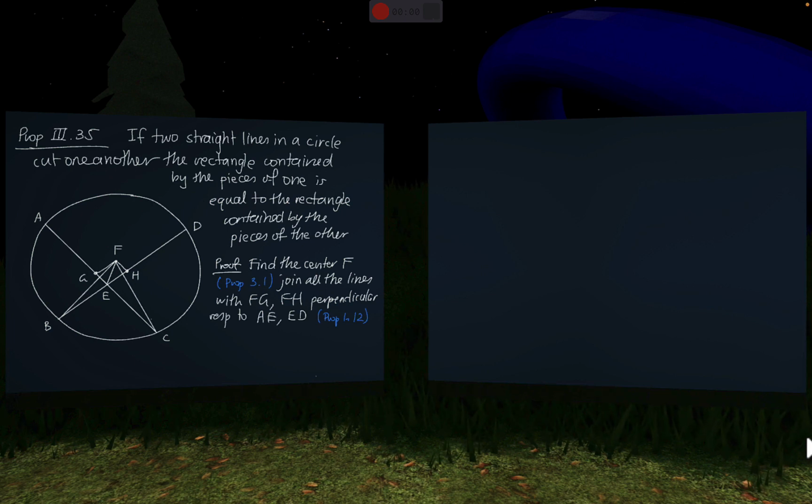Okay, so this is like a really slick little argument. Alright. Note that GF cuts AC in half.